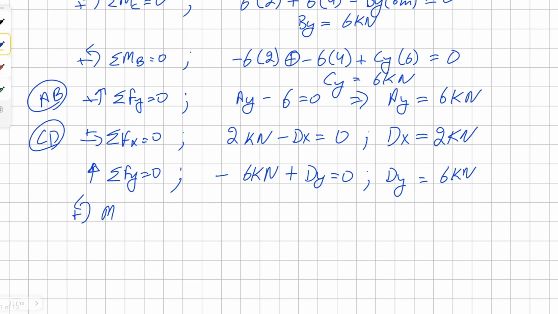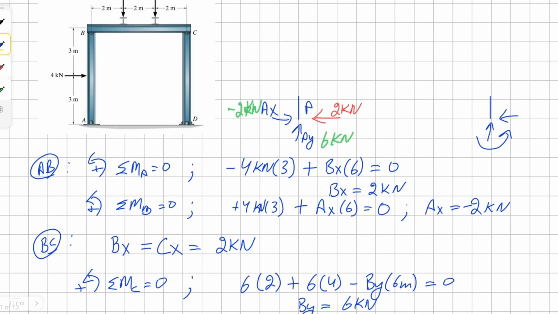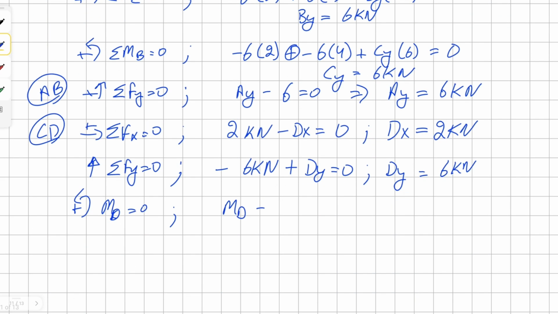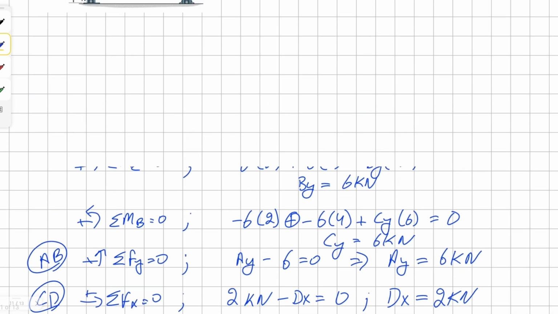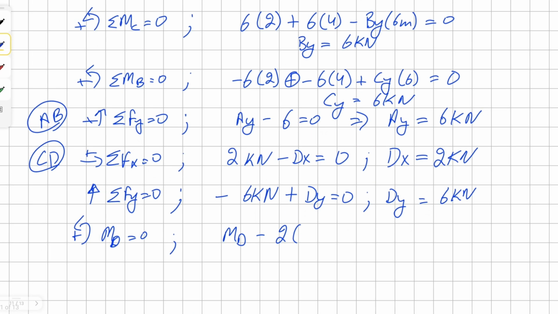And now taking moment about the point D, we have moment at D, take away the point load at C in the horizontal direction, that's 2 kilonewton, and it's 6 meters away, equals 0. Solving for moment D, it's 12 kilonewton meter.